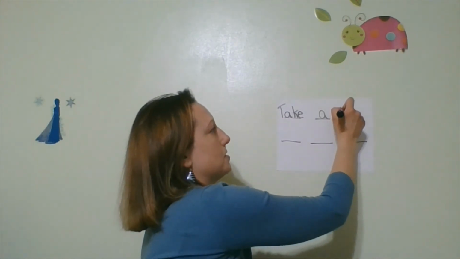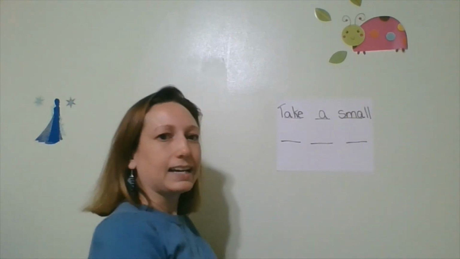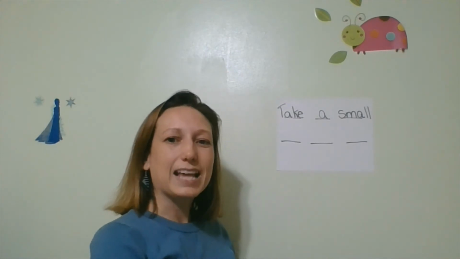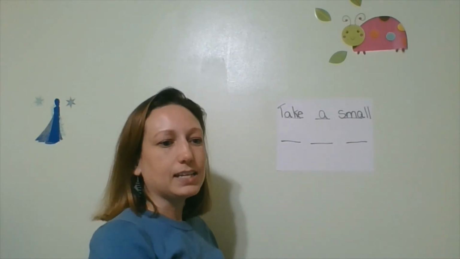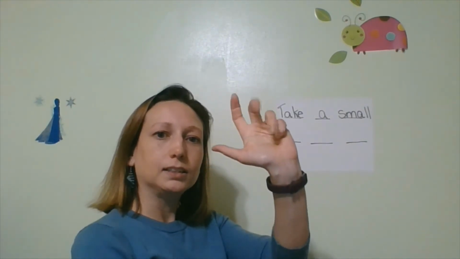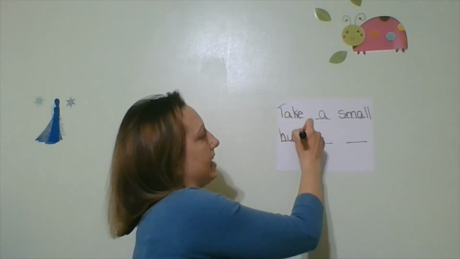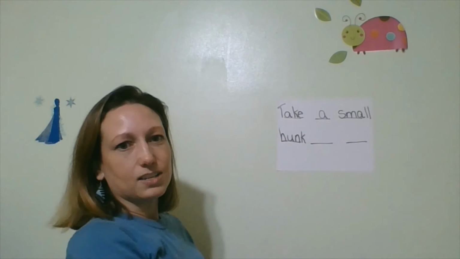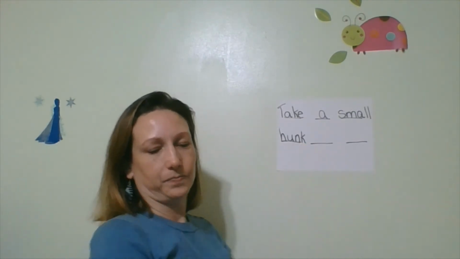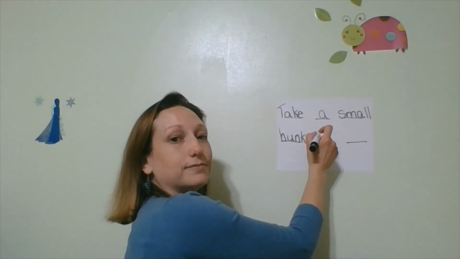How did we spell small? S-M-A-L-L. That's our all chunk with our S-M blend. Take a small hunk. H-U-N-K. Take a small hunk of, how do we spell of?